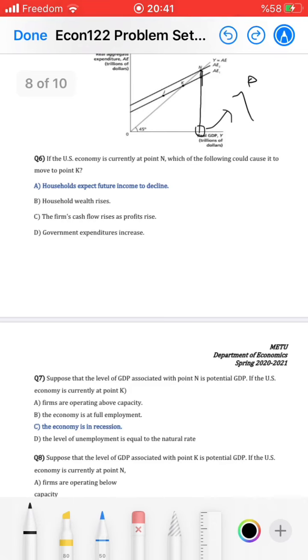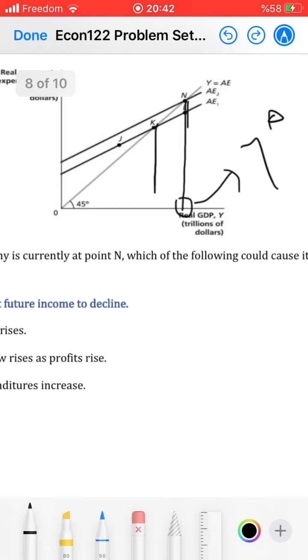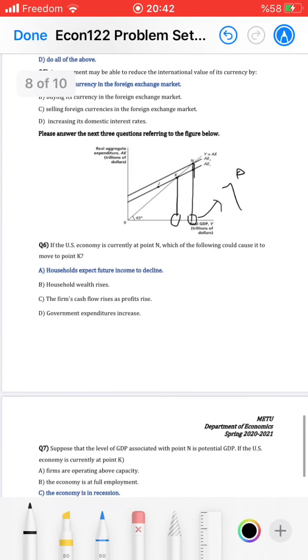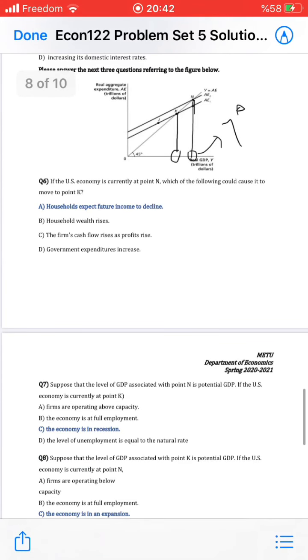If the US economy is currently at point K, we are below our potential GDP. What does it mean? It means that the economy is in a recession. So if you are now producing under your production capacities, that means the economy is in recession.